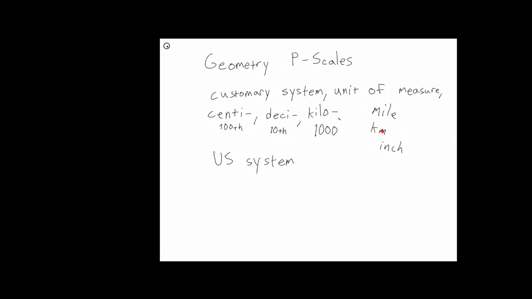So a kilometer is 1,000 meters. If you have 1 meter and you want to turn it into kilometers, it's going to be 1,000th of a kilometer. It gets scaled down because kilometers are a lot bigger. These are the same. Okay.